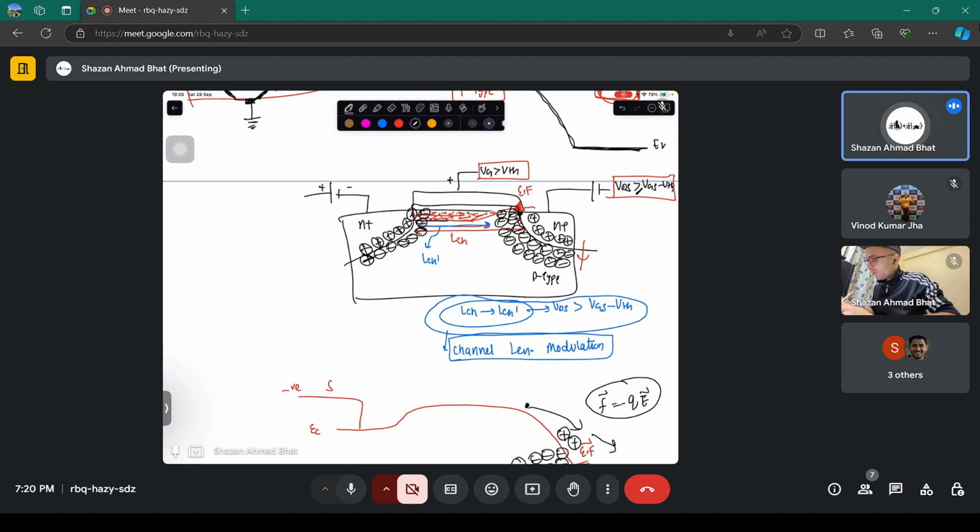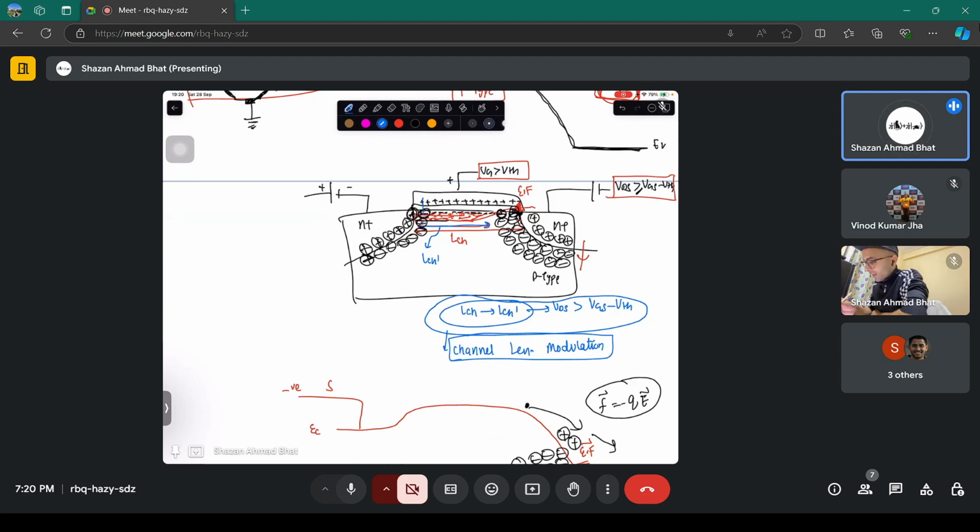You have positive charge on the gate side and negative charge, the electrons, in the channel. But you also have negative ions just beneath the gate. Those negative ions can basically shield the electric field from the gate.